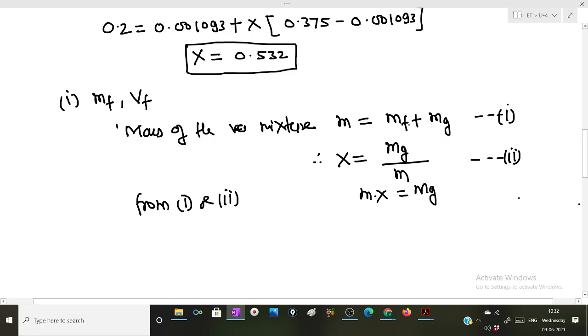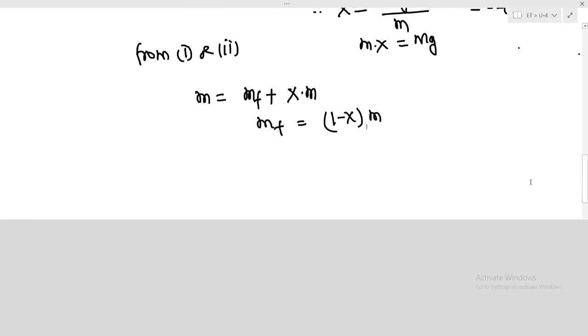Because I am interested in the mass of saturated vapor, I will replace mg by m into x. So what I will get: m is equal to mf plus x into m, or mf will be (1 minus x) into m. Got it?